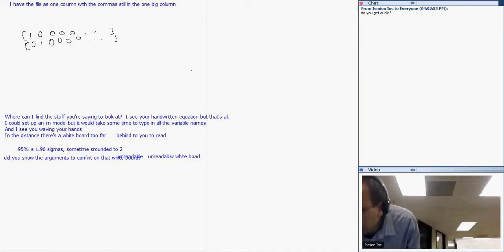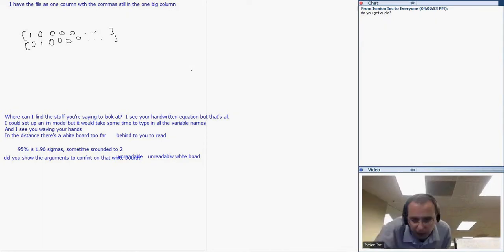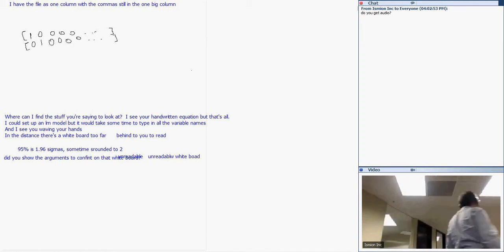So let's go to number 8, which says, remove redundant components with stepwise regression. Now, what is stepwise regression?